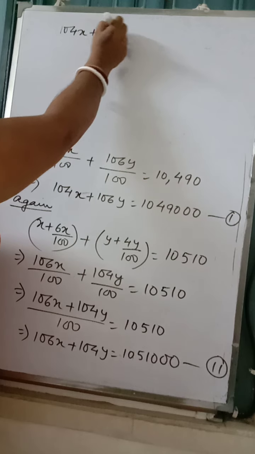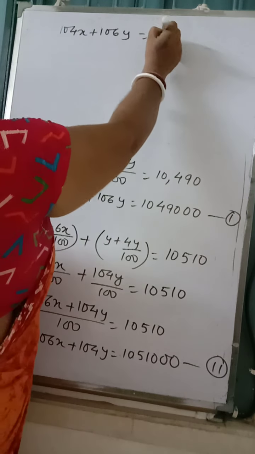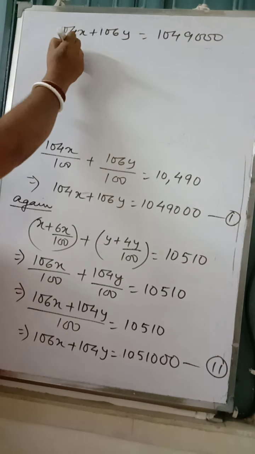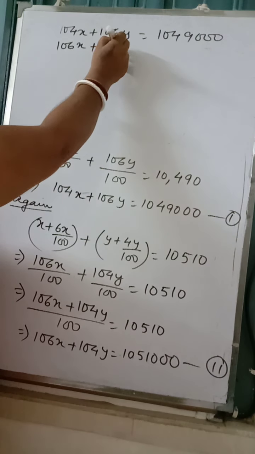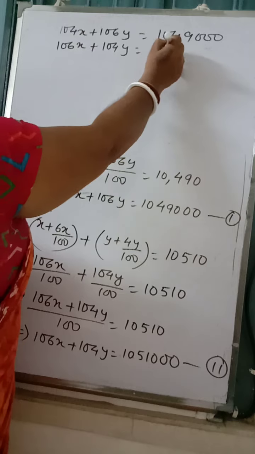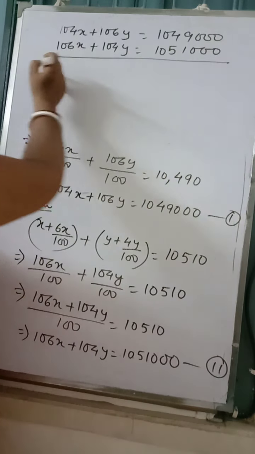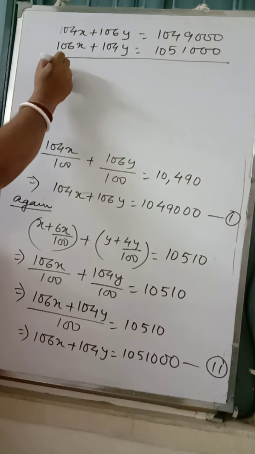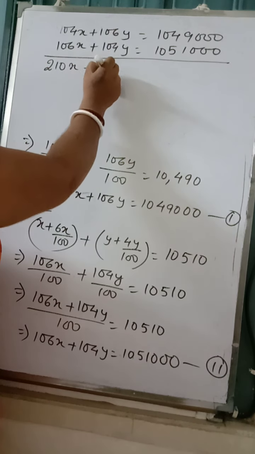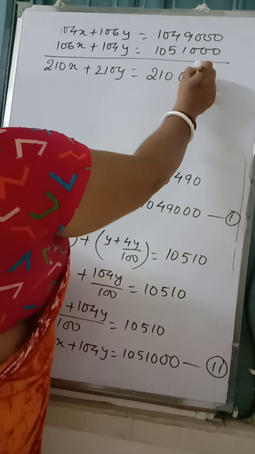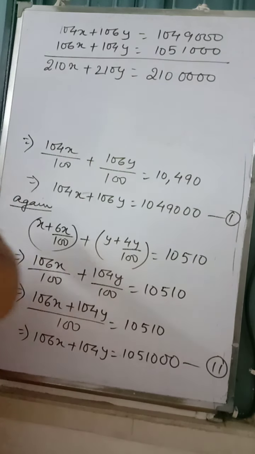104X plus 106Y is equal to 1049000, and 106X plus 104Y is equal to 1051000. Adding, it gives you 210X plus 210Y is equal to 210, then 4 zeros.